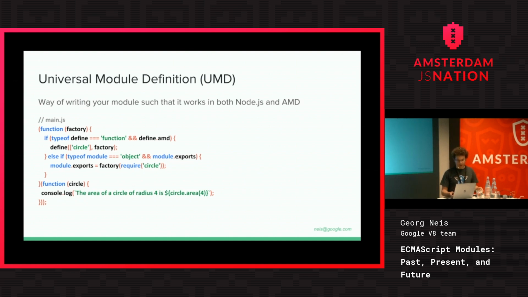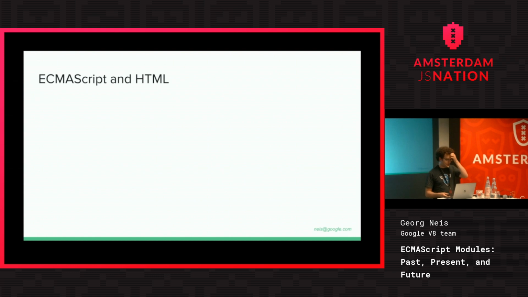There have been plans to integrate modules into the JavaScript language itself for quite a while. And originally, TC39, that's the committee in ECMAScript working on the language, intended to fully specify a module system for JavaScript for ES 2015, or ES6, a different name.